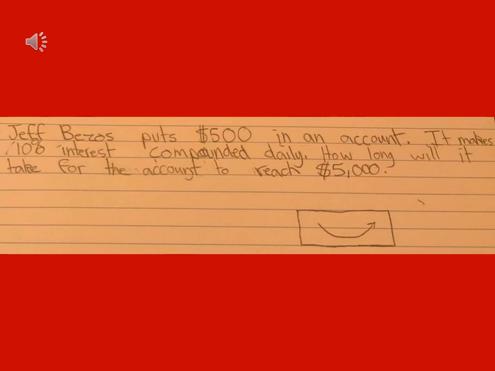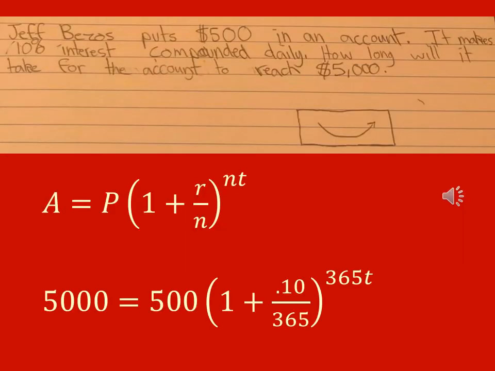It says Jeff Bezos puts $500 in an account. It makes 10% interest compounded daily. How long will it take for the account to reach $5,000? This is a really typical problem, and we start by just putting the numbers we know into the compound interest formula.